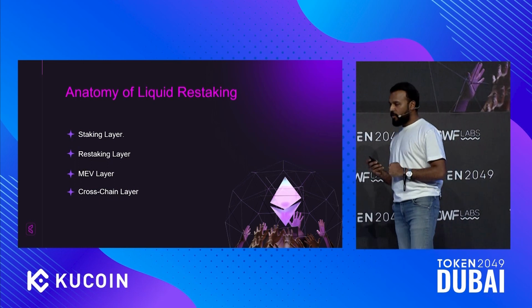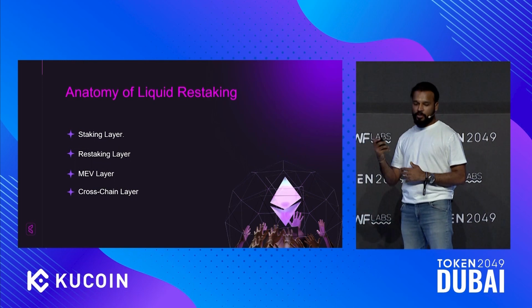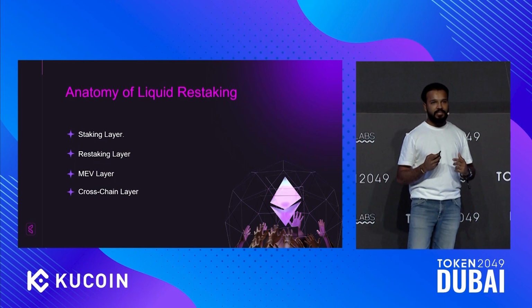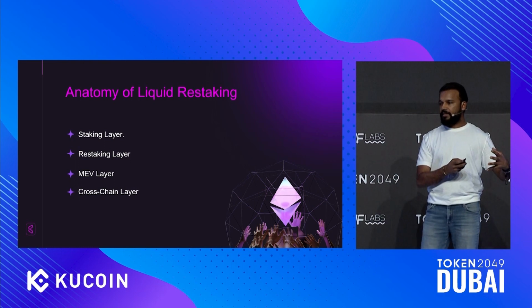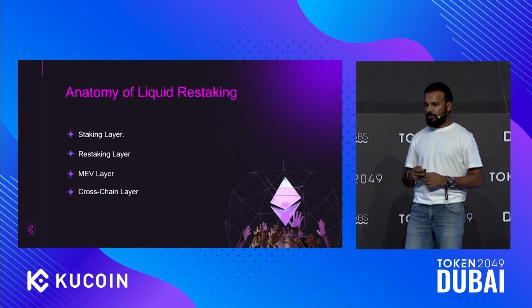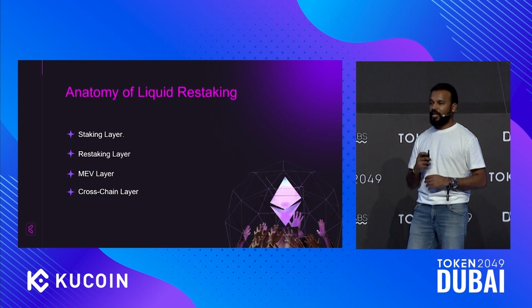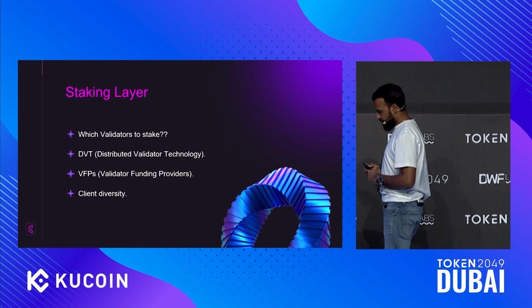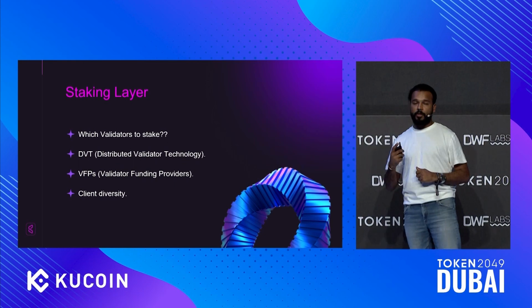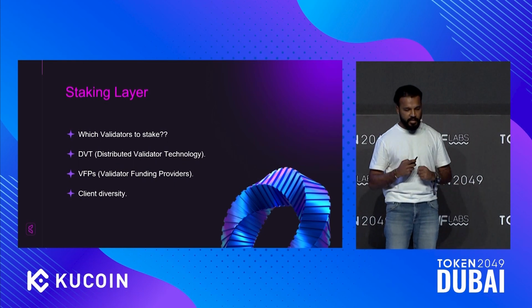Then after that, which MEV relay to use to capture all the MEV boost. And lastly, when you want to expand your restaked LRT on different L2s, then there are specific challenges that everyone faces there. So let's talk about the staking layer first. We'll go through this one quickly because I want to focus more on restaking.